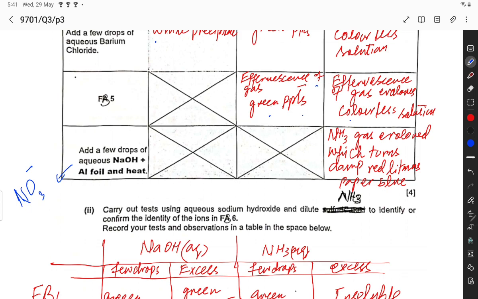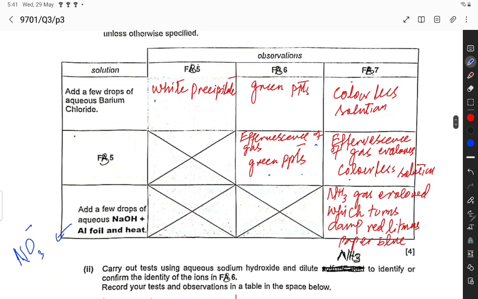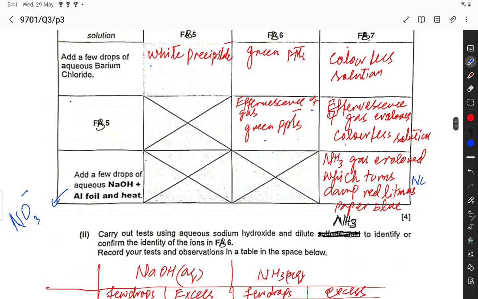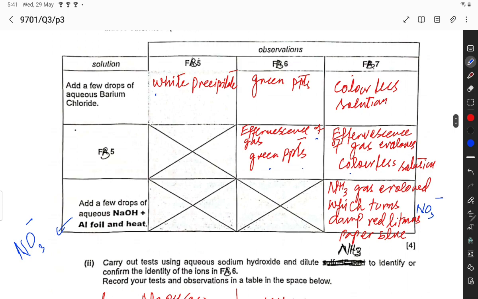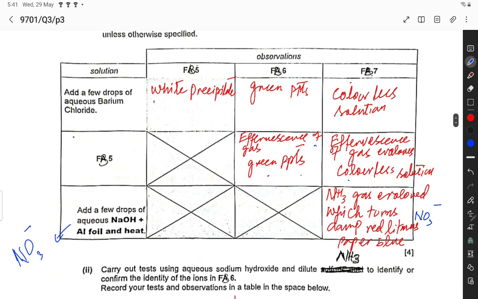It means that FB7 contains nitrate ions as well. And if effervescence of gas evolves to form a colorless solution, it means this contains acid and FB7 contains H positive ion as well.